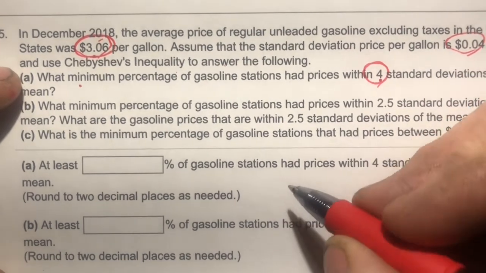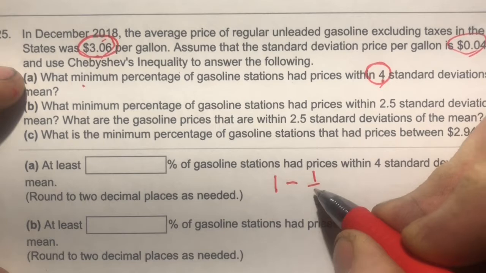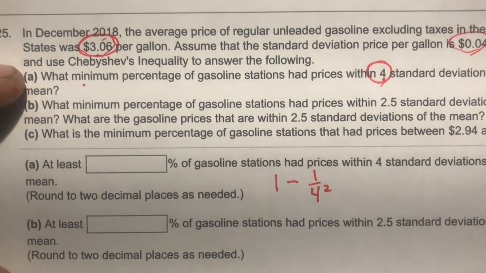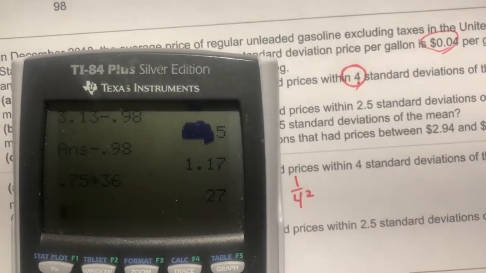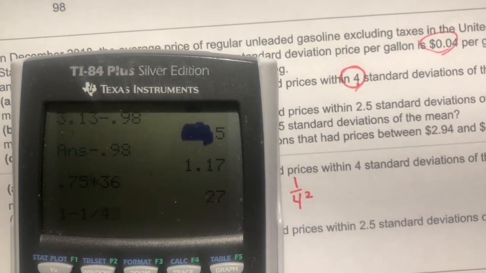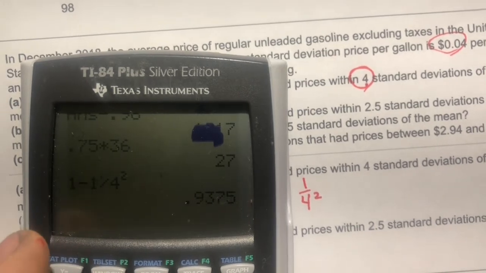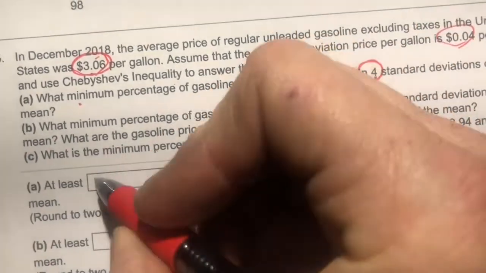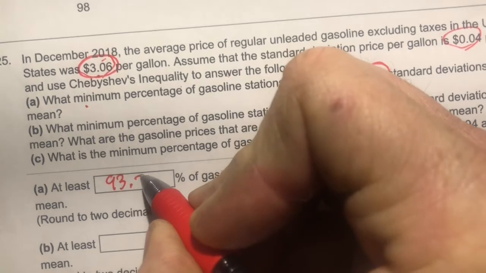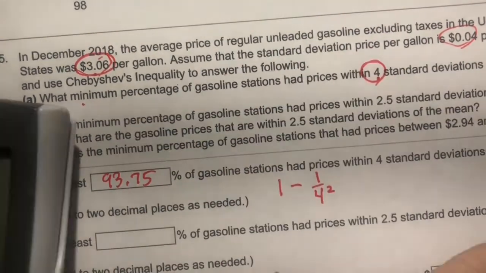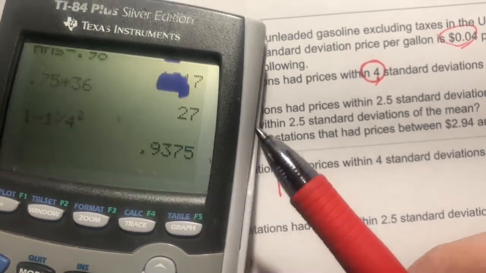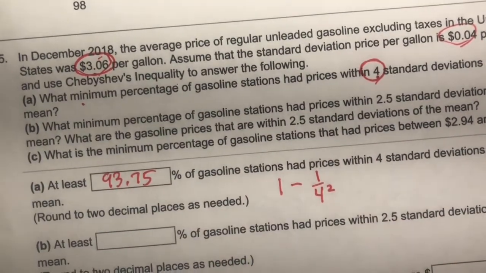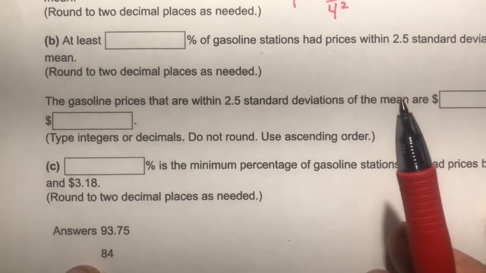So I'm going to do 1 minus 1 over 4 squared. 1 minus 1 divided by 4 squared is 0.9375. Now remember, this is a decimal, and I have to change it to a percent, which means I move it over 2 places. And there's the percent, 93.75%, and I'm good because here's the answer down here.